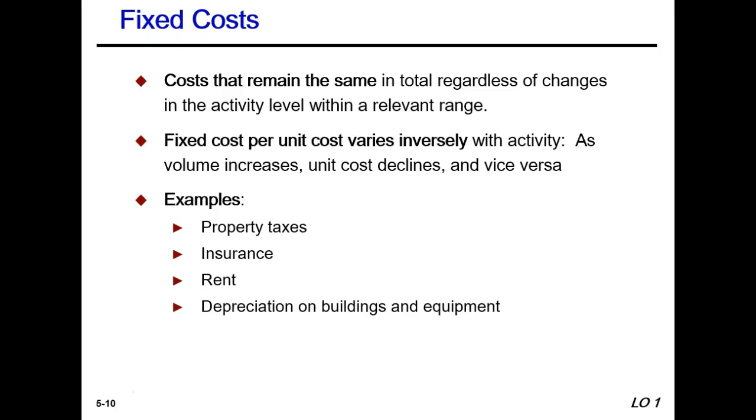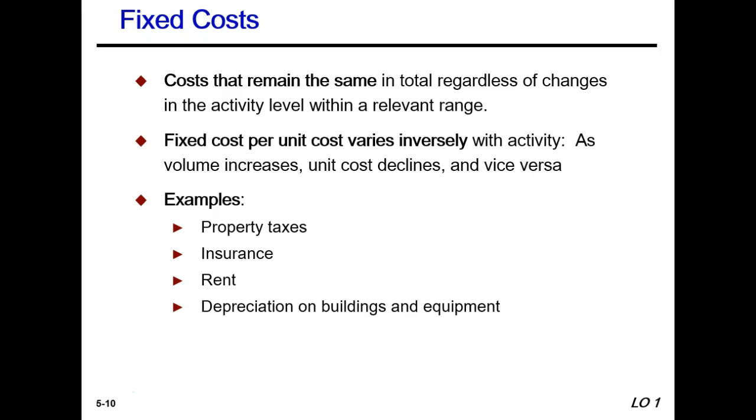Fixed cost per unit varies inversely with activity. Now hang in there with me. As volume increases, the unit cost declines. Property taxes, insurance, rent, and depreciation.